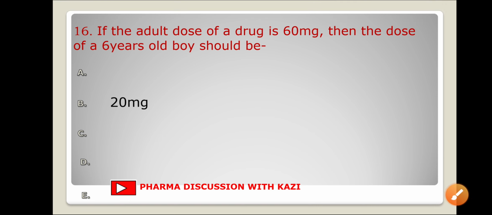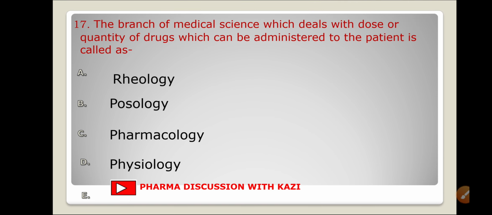Next question. The branch of medical science which deals with the dose or quantity of drugs which can be administered to the patient is called as rheology, posology, pharmacology, physiology. Here rheology means study of flow of fluids.